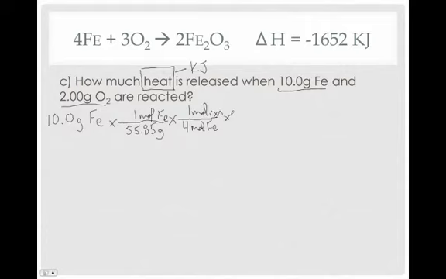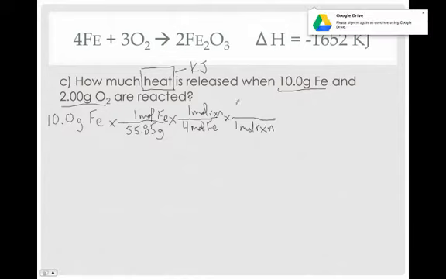And then again, we're going to use our delta H as a conversion factor, and that 1 mole of reaction produces 1,652 kilojoules. And when we do that, we get 73.9 kilojoules of energy released.